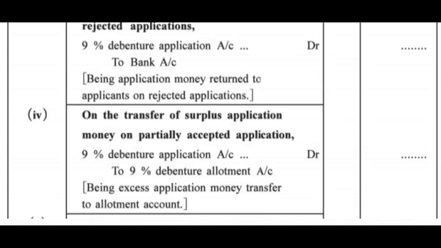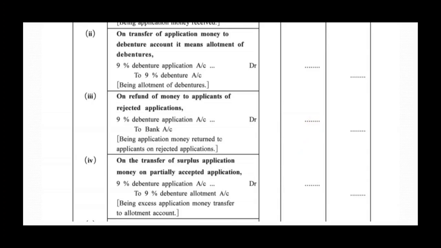So friends, instead of entries 2, 3 and 4, we can pass a combined entry: 9% debenture application account debit to 9% debenture account, to bank account for the amount of rejected applications if any, and to 9% debenture allotment account.